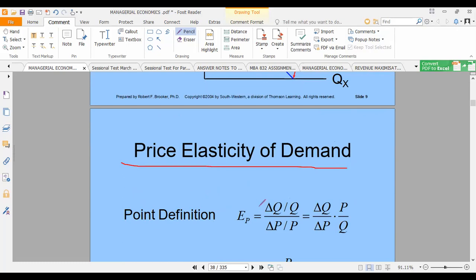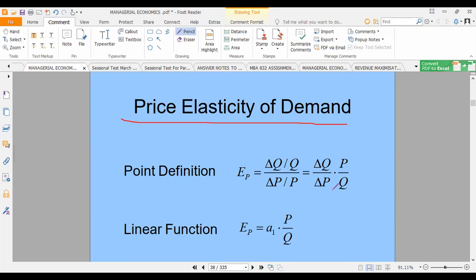We have the point elasticity of demand, which is the change in quantity over quantity divided by the change in price over price, or the change in quantity over change in price times price over quantity. This is what we call our point elasticity of demand.